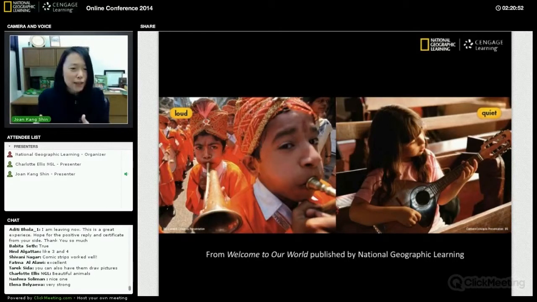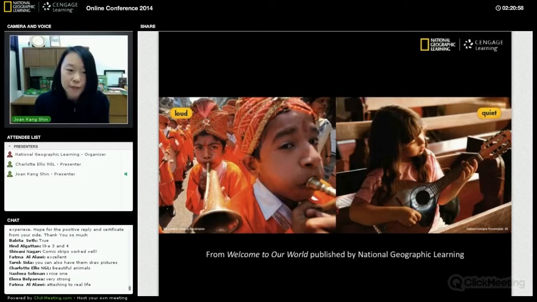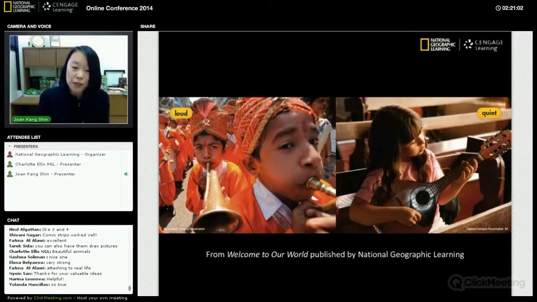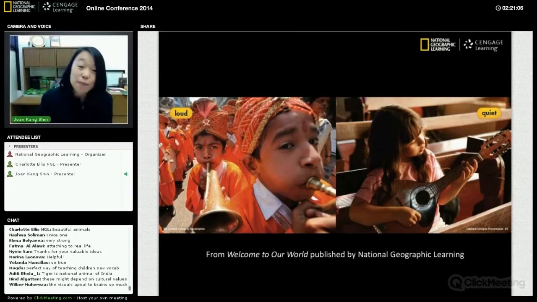Here we're teaching about the concepts loud and quiet using photos with real children around the world showing their real lives. So we're teaching vocabulary and concepts through imagery with expressions and movement that help to make the words comprehensible, but also evoke feelings and make concepts that much more memorable.